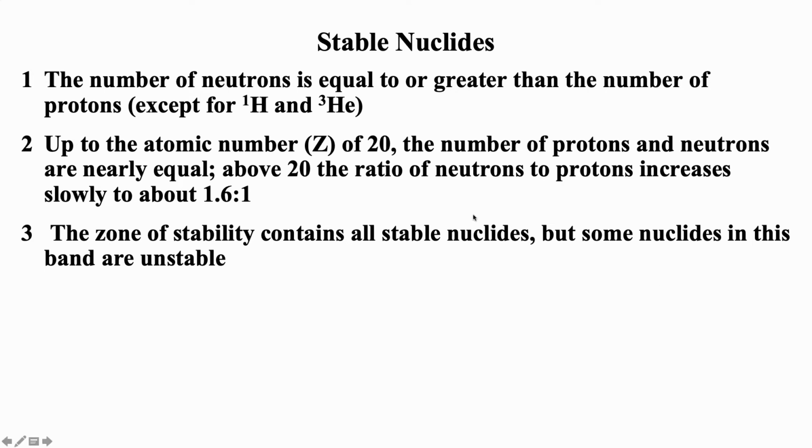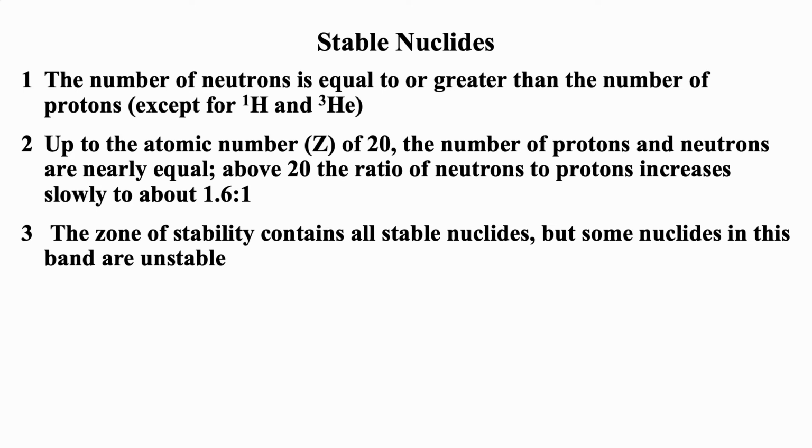The number of neutrons is equal to or greater than the number of protons, except for hydrogen and helium-3. Up to atomic number 20, the number of protons and neutrons are nearly equal, so it's a 1-to-1 ratio. And as you get to bigger isotopes, the ratio of neutrons to protons actually increases. You start needing more neutrons when you have more protons.